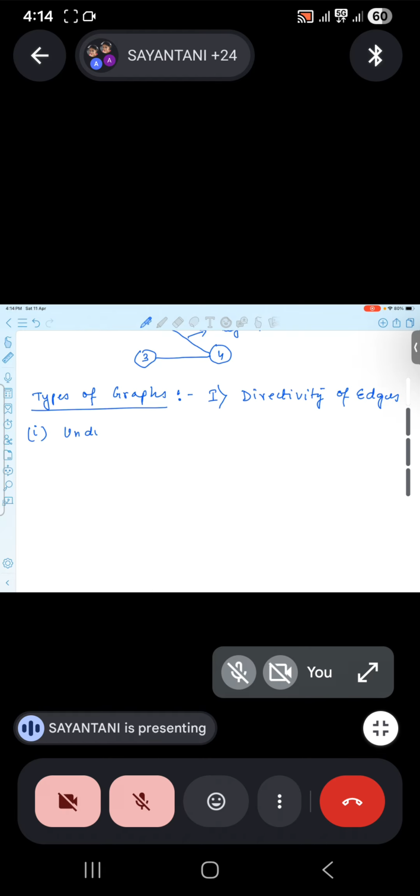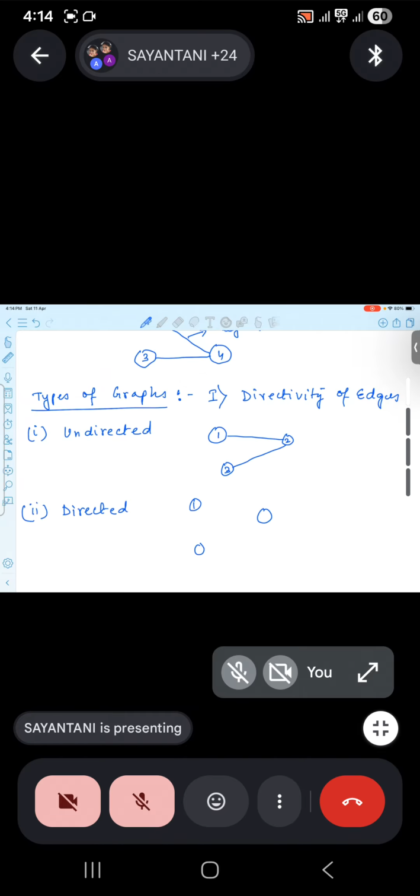Either the graph is undirected, that means if I have these nodes, the nodes are simply connected by edges which do not have any direction. So it's an undirected graph. Or it can be a directed graph, that means the links will have some direction. So these are the two categories depending on the directivity of edges.